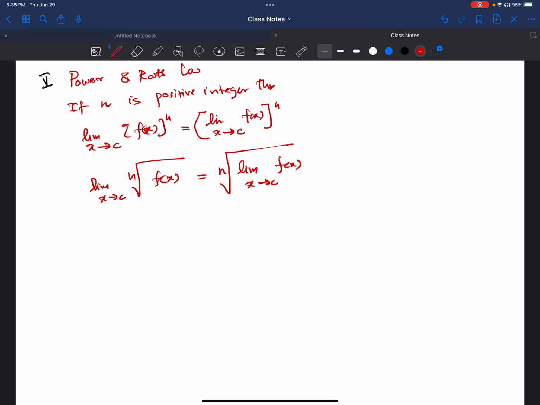And here we assume f of x is greater than or equal to 0 when n is even. If n is odd, it doesn't matter.